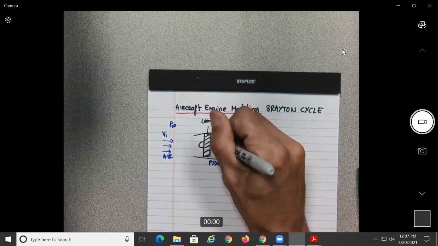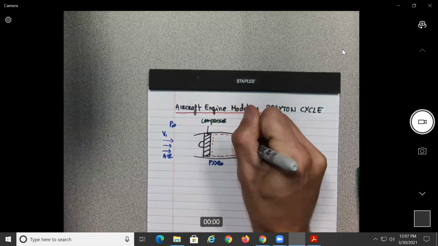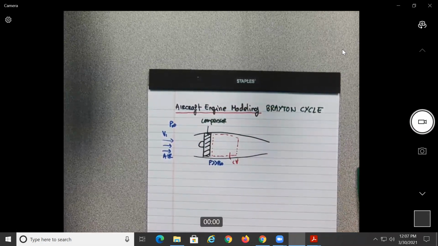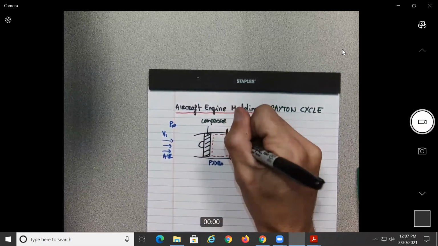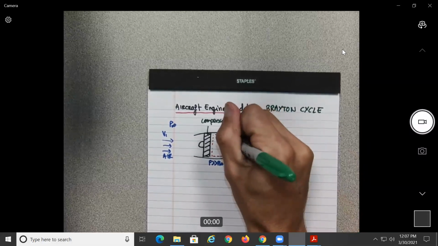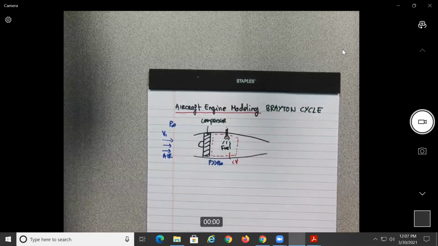Now, in here, you have a control volume. What do you do in that control volume? Let's say you inject fuel into here. If you put fuel inside and you ignite it, what are you increasing?